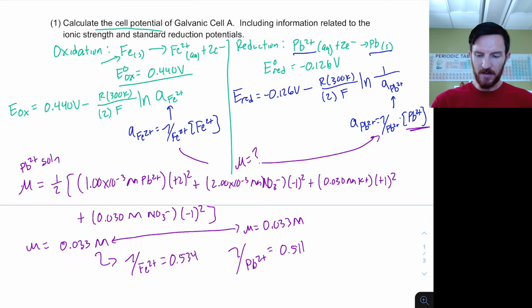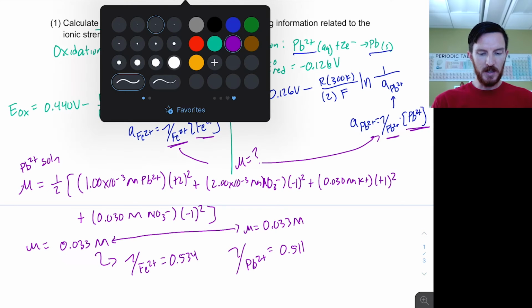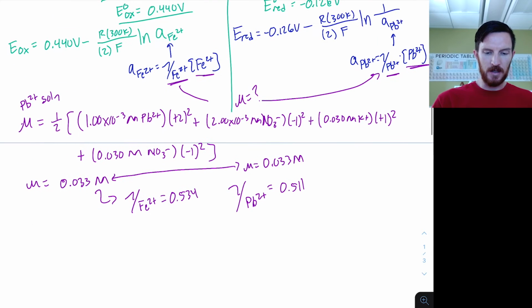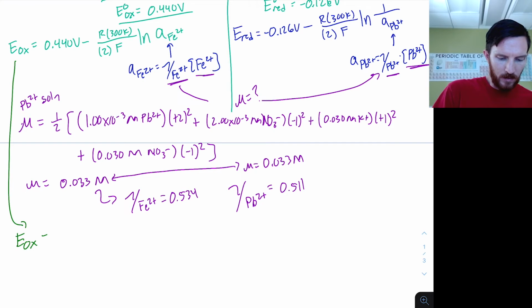Since we know our lead ion concentration and our activity coefficients for those different species, we can plug in the information we know. Let's do that for our oxidation potential first.